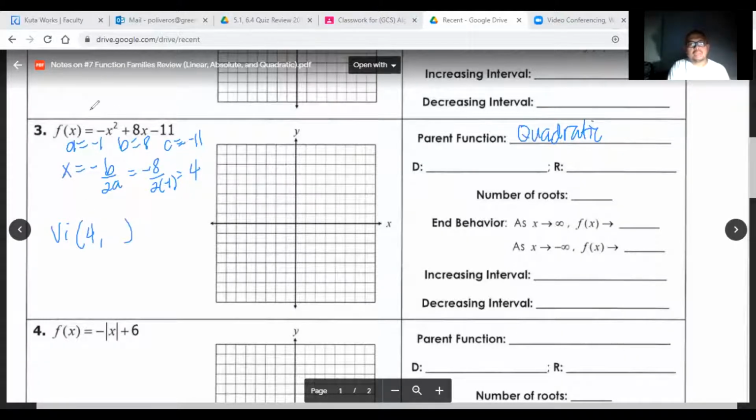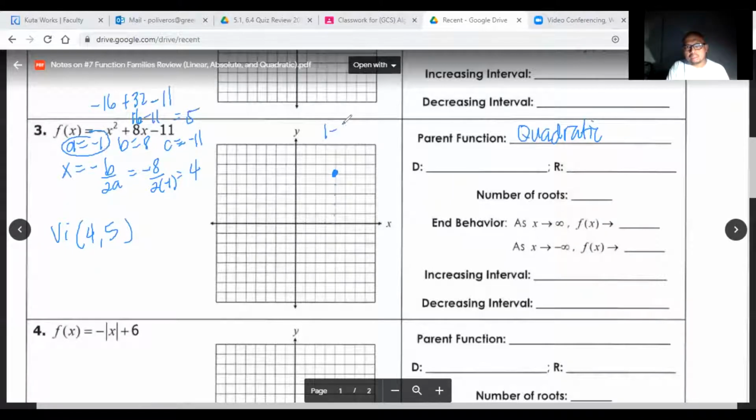Comma, plug in the 4 there: -16 plus 32 minus 11. This will be 16 minus 11. It's going to be 5. So (4, 5) is the vertex. 1, 2, 3, 4, 5. That's the vertex. Since a is negative, it opens downward.